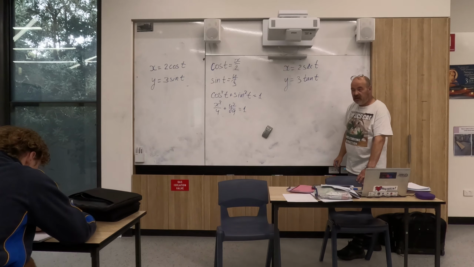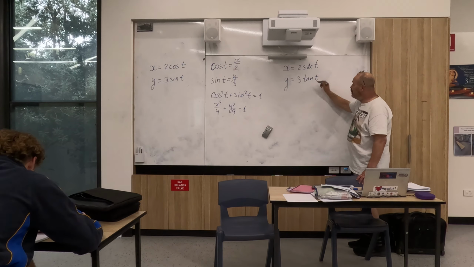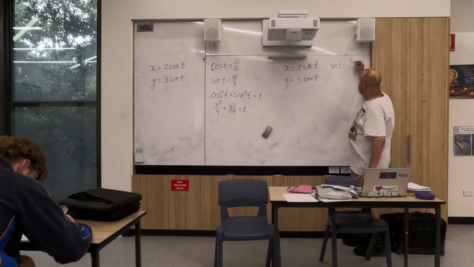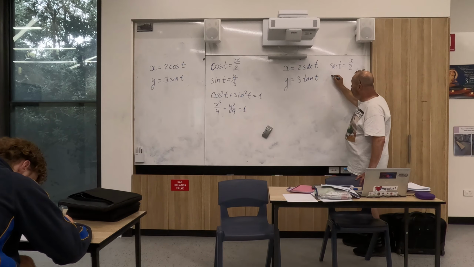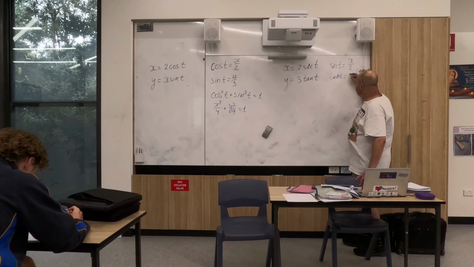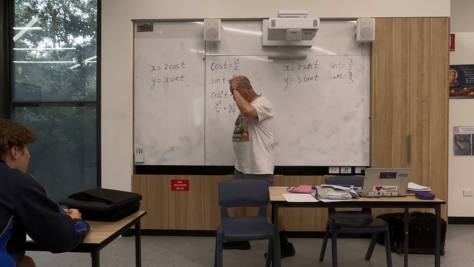Let's again find what sec t equals and what tan t equals. Sec t equals x on 2. We have tan t equals y on 3. Now, which trigonometric identity can we use now?